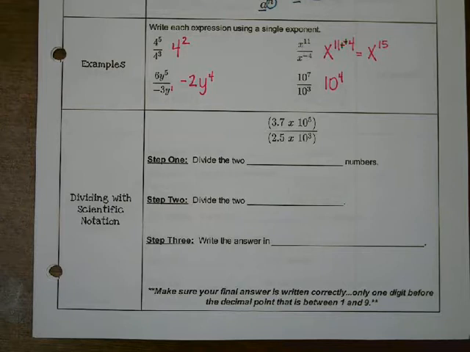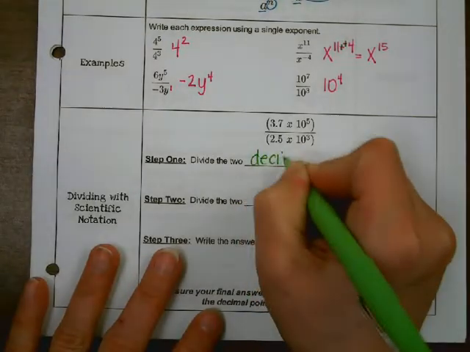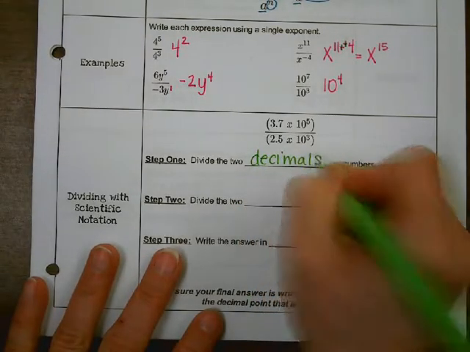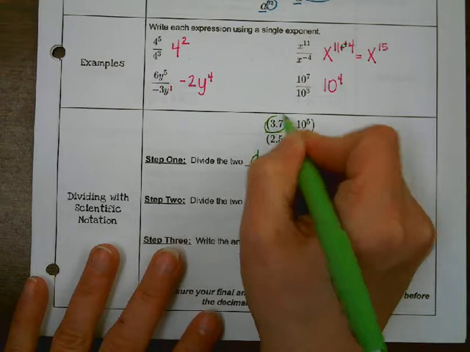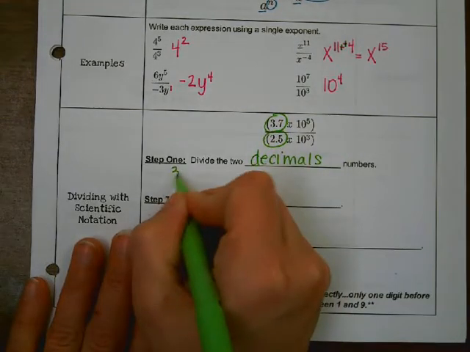The very first thing that we have to focus on is dividing the two decimals. You can see I have this decimal of 3.7 divided by 2.5. So that's literally what I'm going to do.